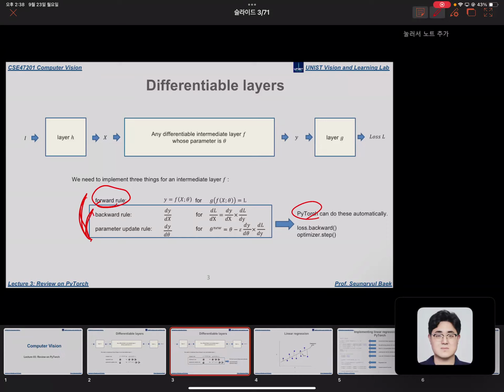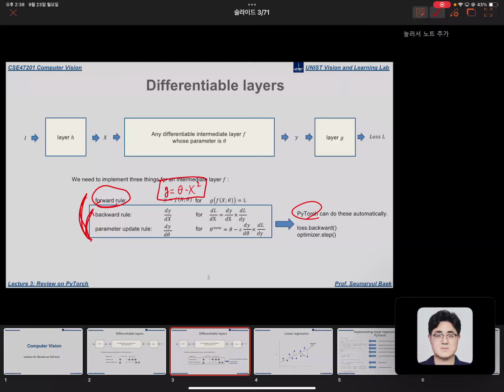I mean, it is not that trivial to implement this at the code level, okay? So for example, let's say your forward rule looks like this. So let's say this is an example.